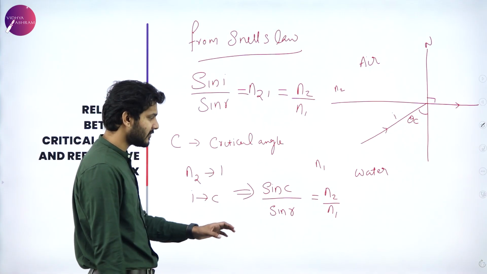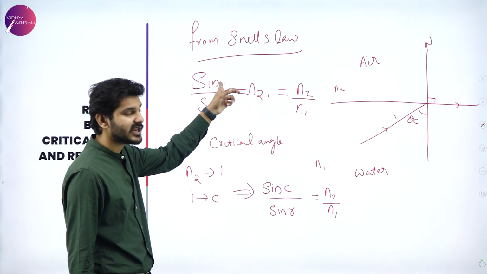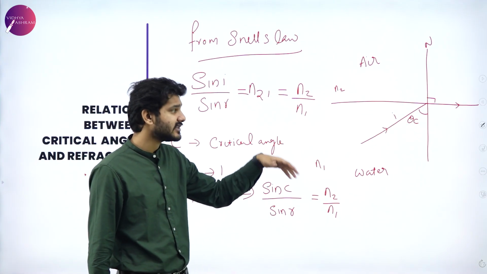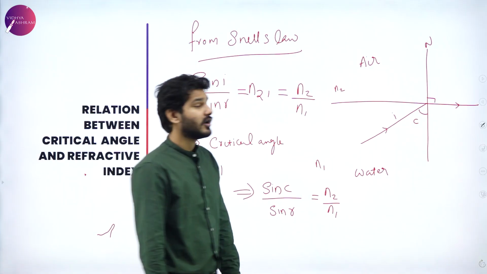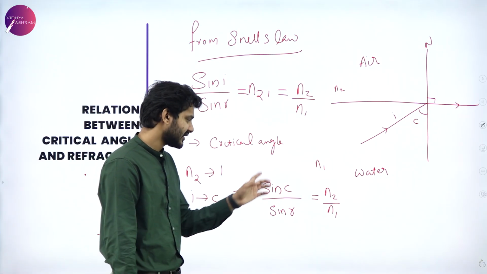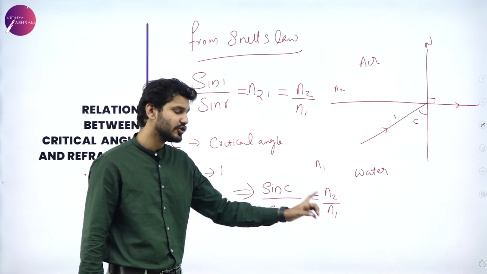So the first change I'm making is that instead of incident angle, I'm going to write critical angle C. You can either use theta C or C. I'm just using C as the critical angle. Then sine C by sine R is equal to N2 by N1.